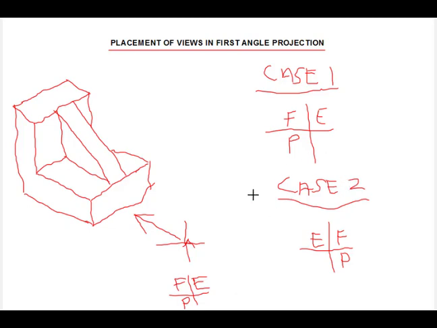How are we going to obtain case 2? What you need to understand is that if the direction changes, if I bring the arrow here, and let's say this is B, we are viewing the component from direction B. Again, in first angle projection, we draw a plus sign at the tail end of the arrow.